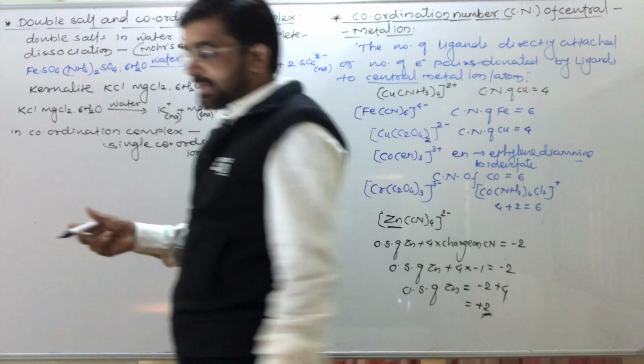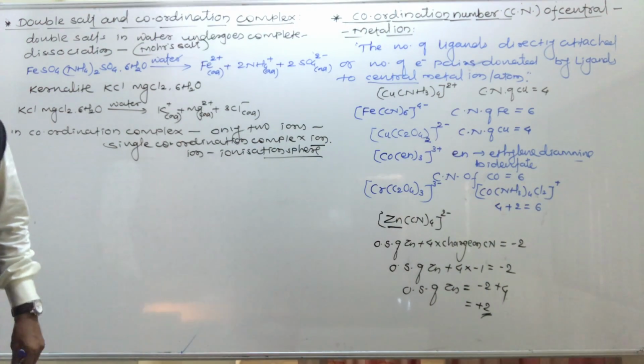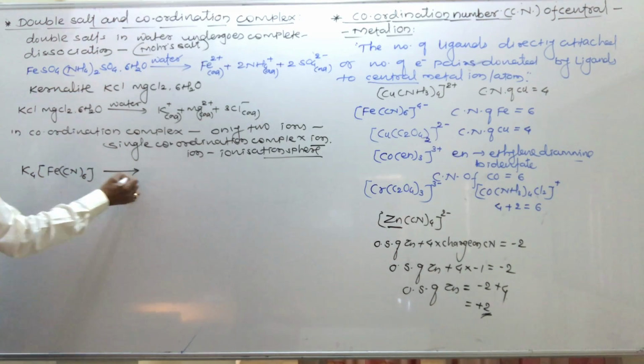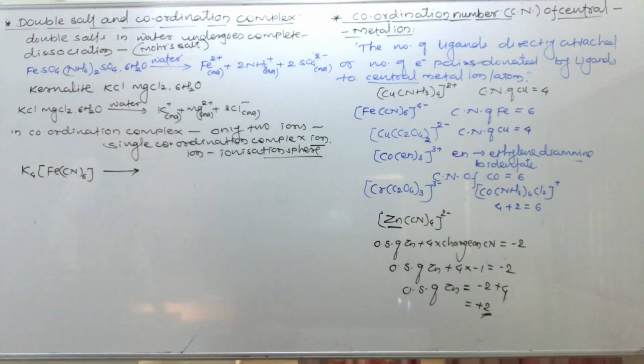So we will take one example here to study how a coordination complex undergoes dissociation. K4[Fe(CN)6]. So this will ionize or dissociate.